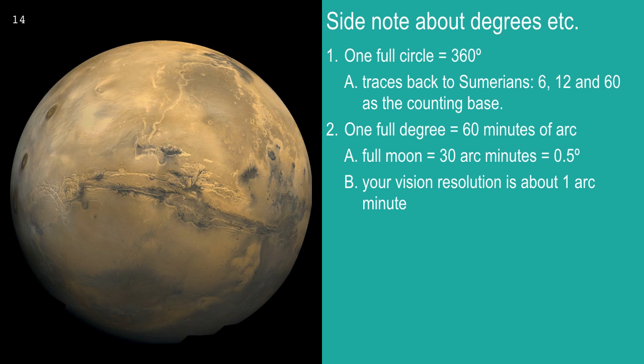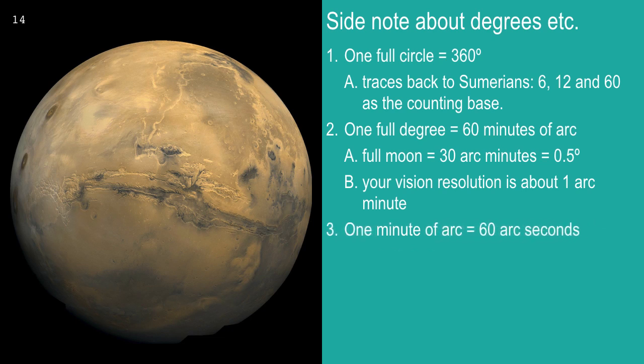Your visual resolution, unless you're like Superman or Wonder Woman, is about 1 arc minute. That's about as fine as you can see by naked eye, although Tycho Brahe was able to measure it. He didn't savvy those 8 minutes, but Kepler did. So 1 minute of arc.